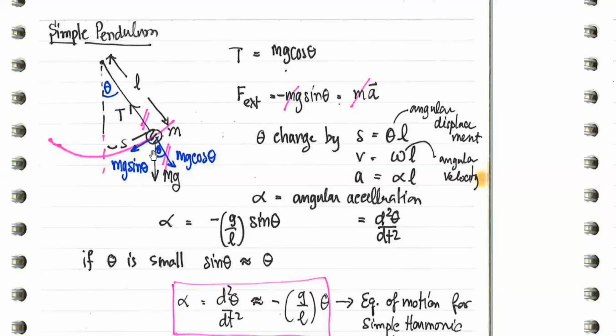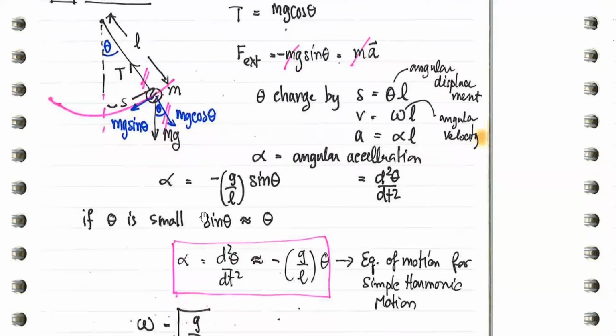So the acceleration is L times d squared theta by dt squared, the rate of change of the angular velocity over time. And by putting in a equal to alpha L, we get alpha is minus g over L sine theta. And this is acceleration equal to minus g over L sine theta.